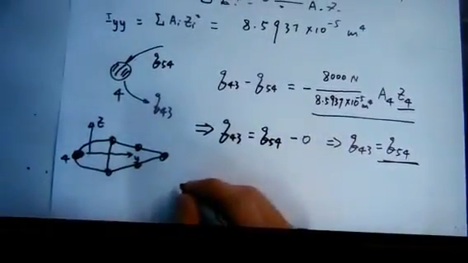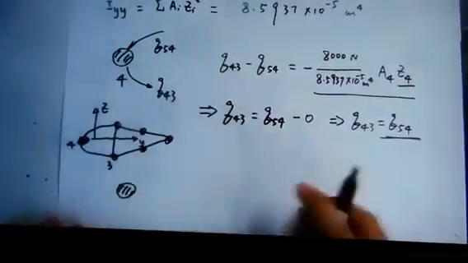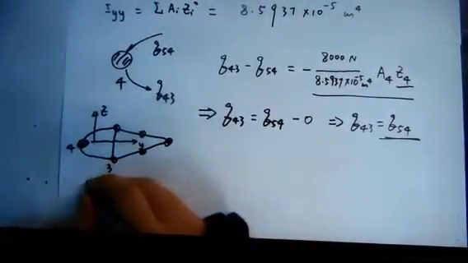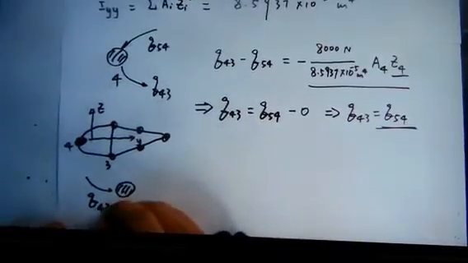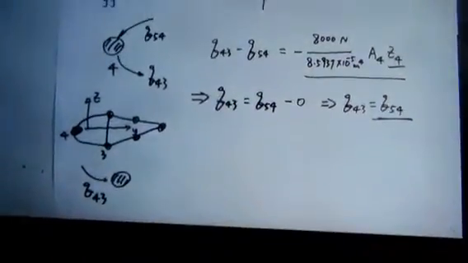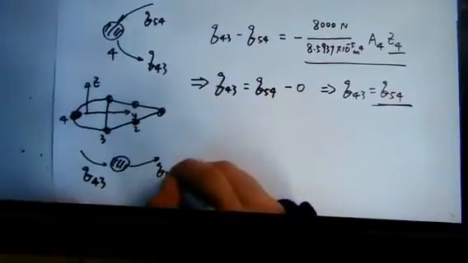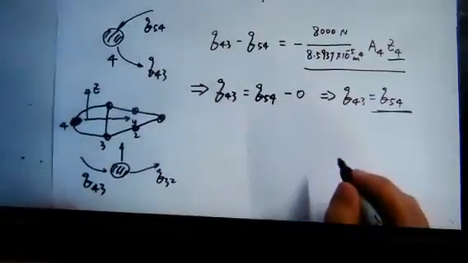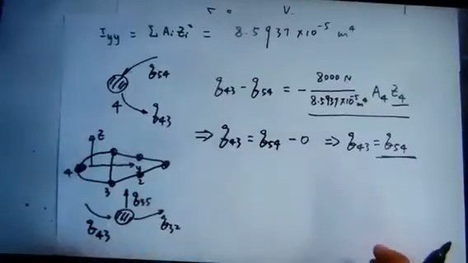And you can do the second one. This is 3. This is the third boom area. Q43 was going inwards. 2 is here, so Q32 going outwards, and you have another one here along the spar, Q35.